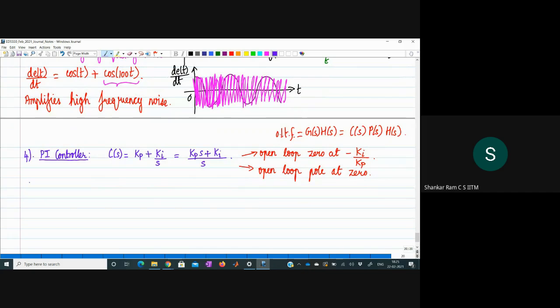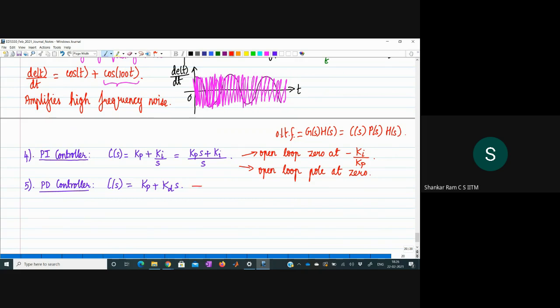Then one can choose a PD controller. So what is a PD controller? As the name indicates, it's proportional derivative. Essentially we have the transfer function Kp plus Kd s.